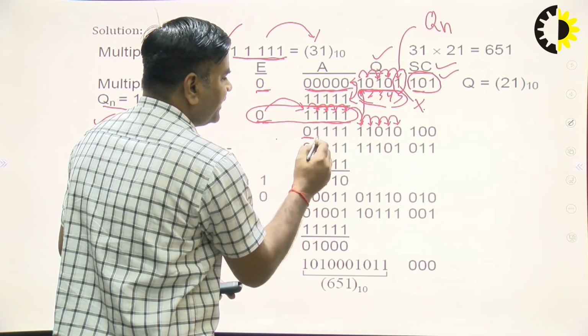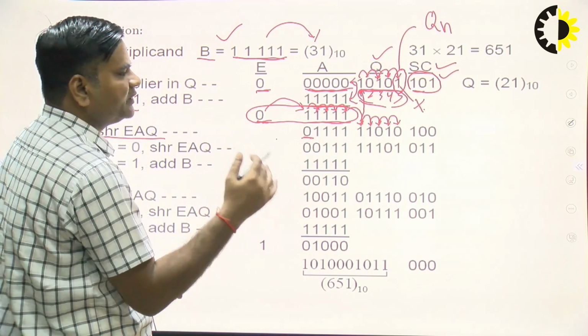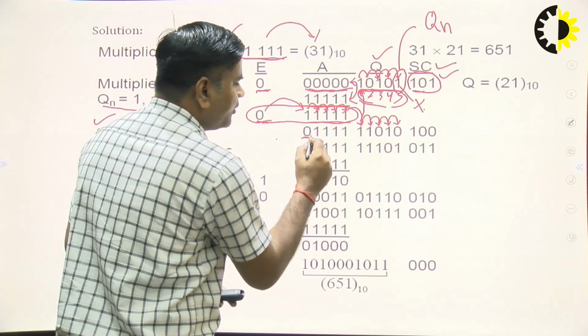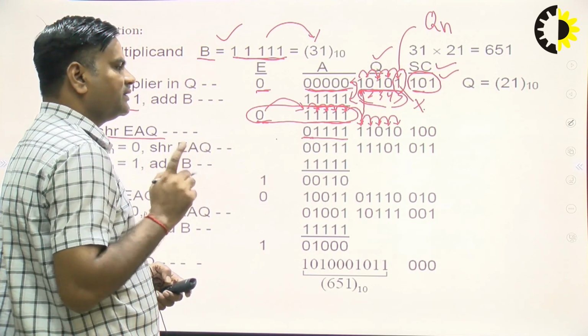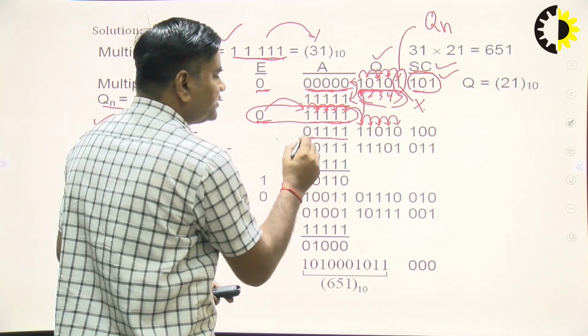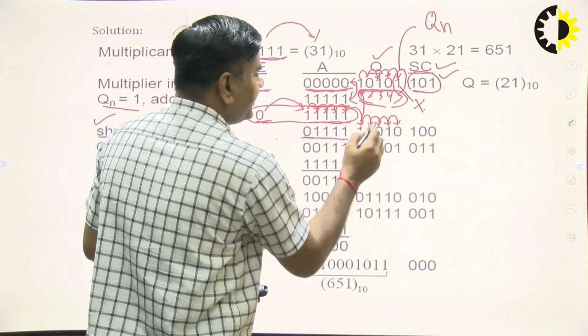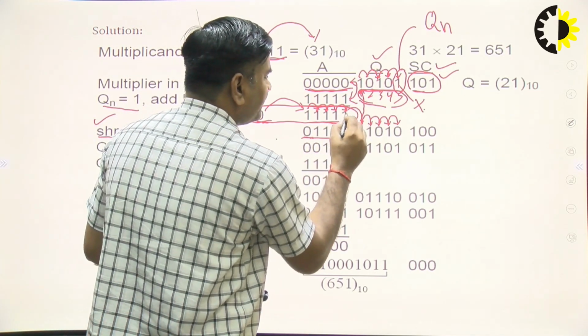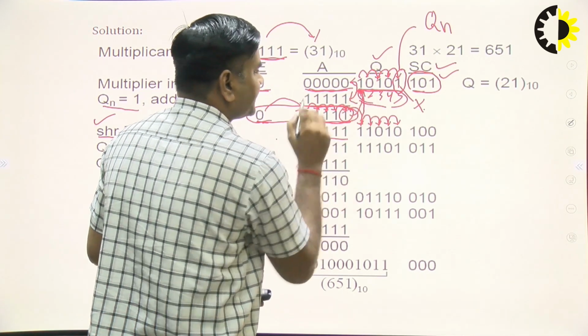Similarly, in this way, we can shift all the bits one position right, then we got 4 times 1 in register A. So, in register A, we got the result 0, 4 times 1. Then in the Q register, this one goes to this position.